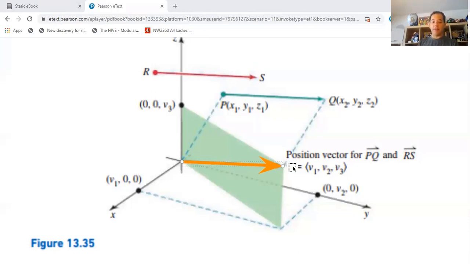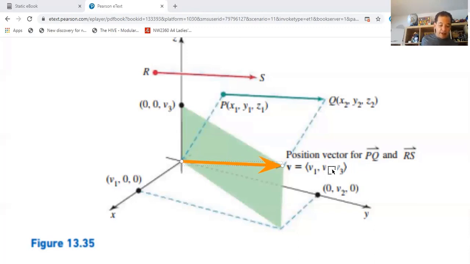And if the head has coordinates v1, v2, v3, then the position vector that corresponds to RS over here is the vector that we write as (v1, v2, v3). So that's the same way, right? Exactly the same as we did it with 2-dimensional space.